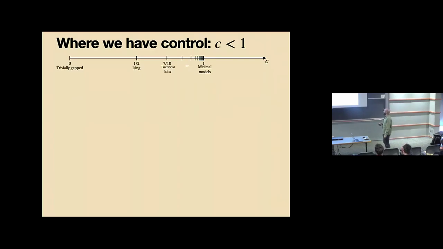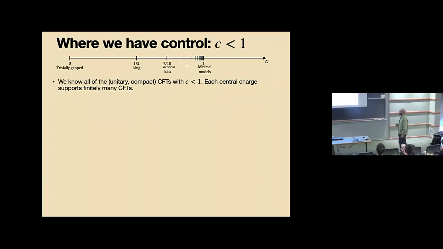That setting is C less than 1 conformal field theories, which are known as the minimal models. It's a beautiful result of theoretical physics that we've completely classified all the C less than 1 conformal field theories. Maybe part of the reason we were successful is that each central charge supports only finitely many theories, so it's a little bit more tractable.